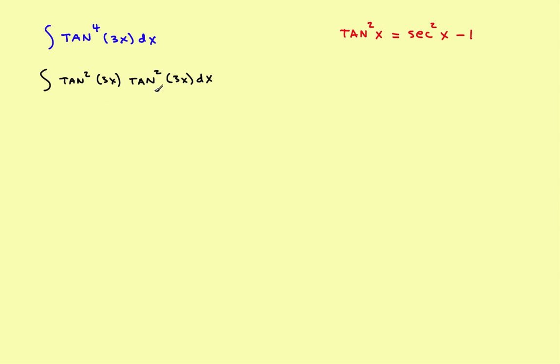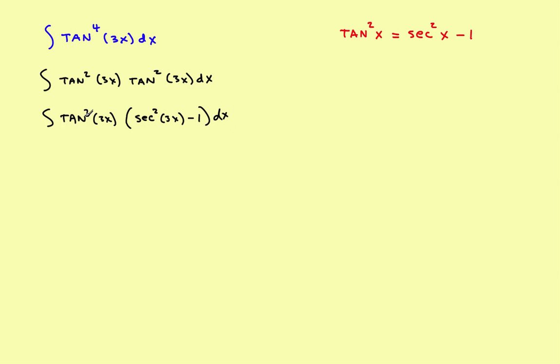So the next thing we'll do is go ahead and take this second tangent and change it into a secant squared minus 1. So this would be the integral of the tangent squared, and then again, inside parentheses here, we'll change the tangent squared into a secant squared of 3x minus 1 dx.